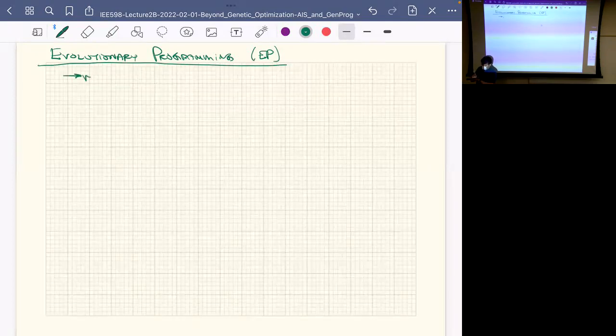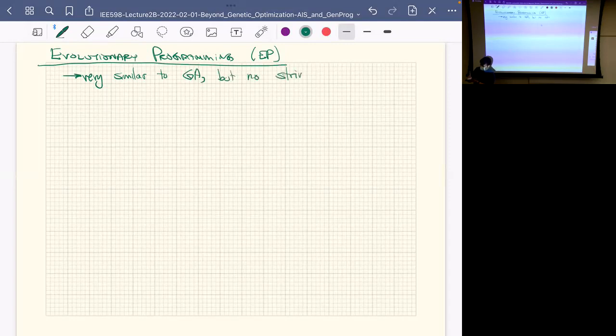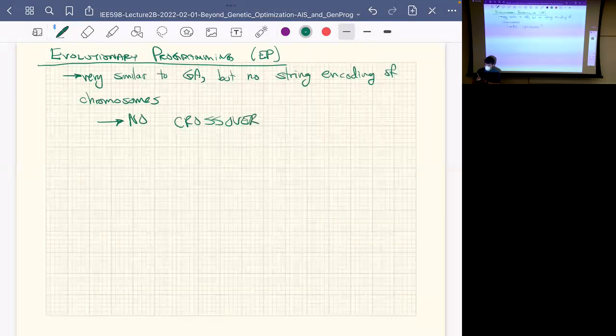So very similar to GA, but no string encoding of chromosomes. And consequently, no crossover. So all variation is by mutation.